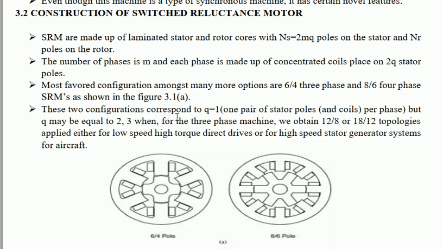These two configurations correspond to q equal to 1, which means one pair of stator poles and coils per phase. But q may be equal to 2 or 3, when for 3-phase machines we obtain 12/8 or 18/12 topologies, applied either for low speed, high torque direct drives or for high speed starter generator systems for aircraft.